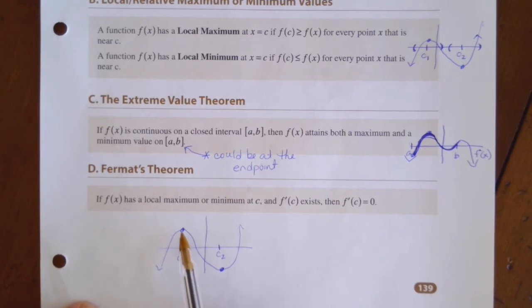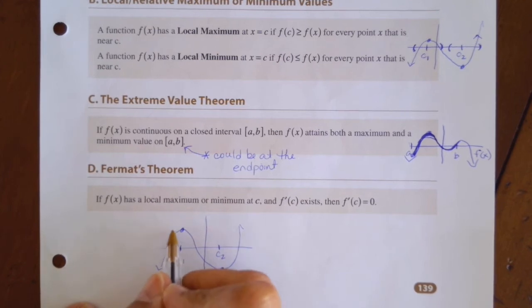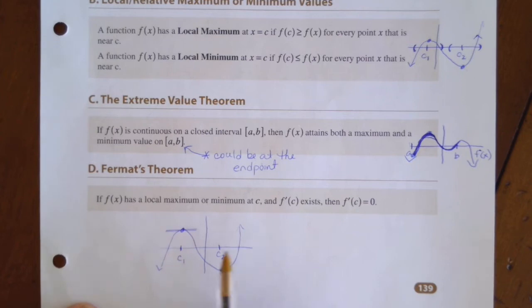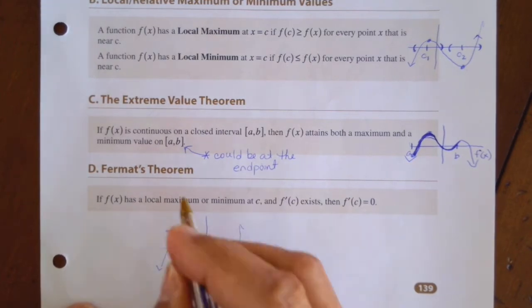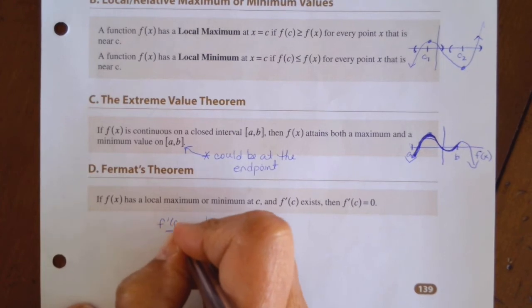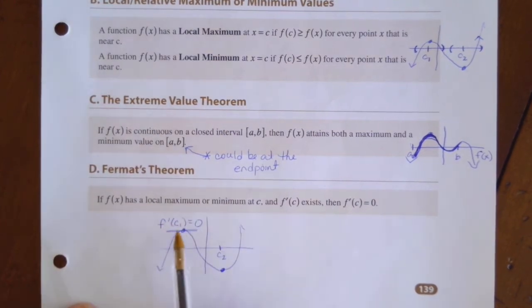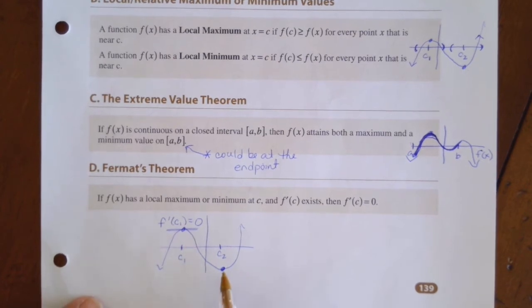We've known that for a while now because the derivative, remember, is the slope of the tangent line. And the slope of the tangent line at any max or min is horizontal, which means that derivative has to be 0. All horizontal lines have a derivative of 0. Same thing with a minimum.